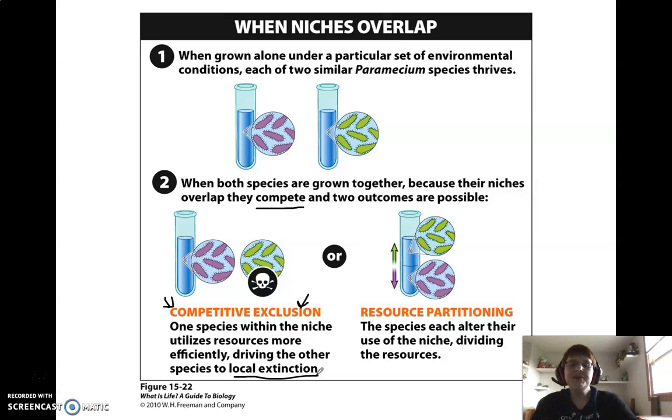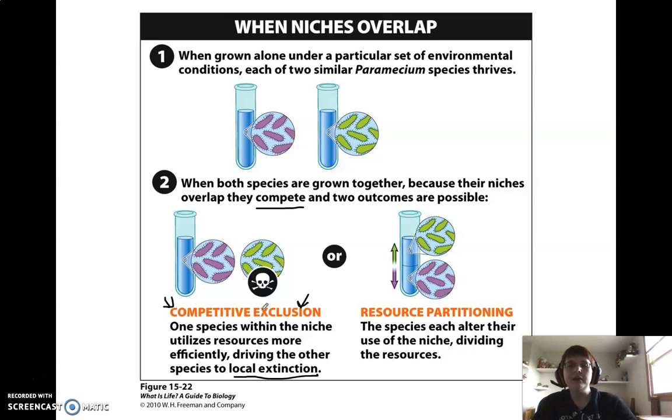And so if the other organism can escape, you still get local extinction because they take over the one that was better at using the resources, but they don't necessarily have to kill, outcompete and kill indirectly the other species. That other species could move to another area where maybe they don't have to compete for those resources.